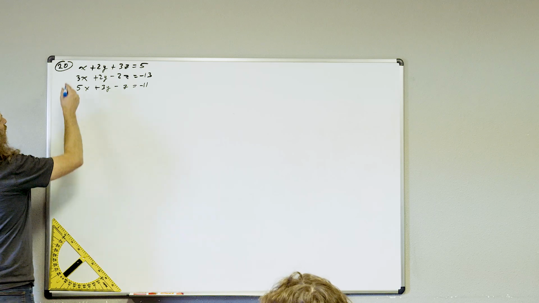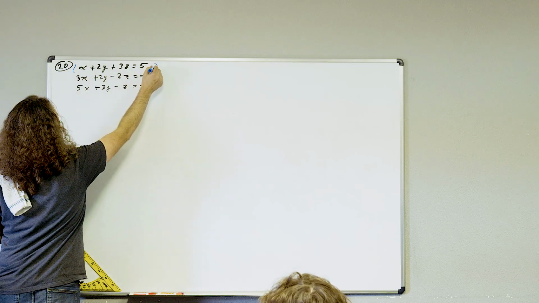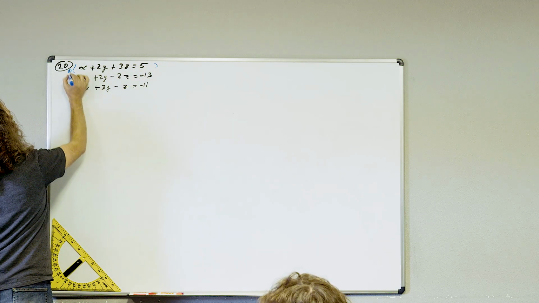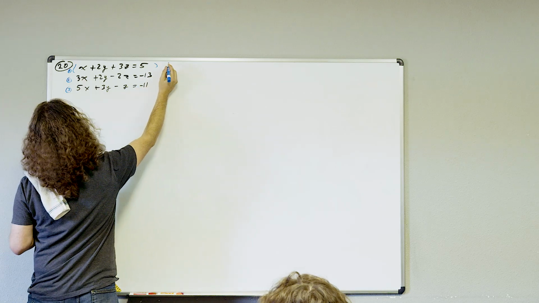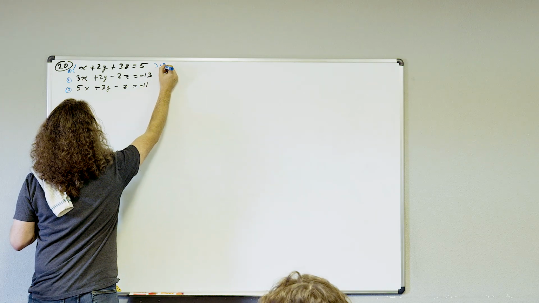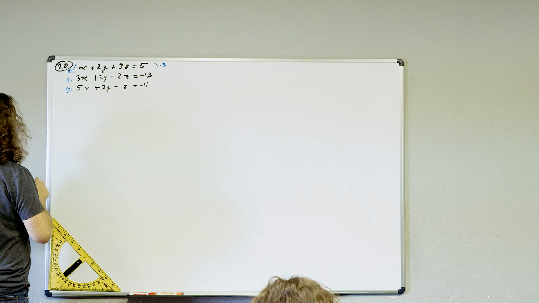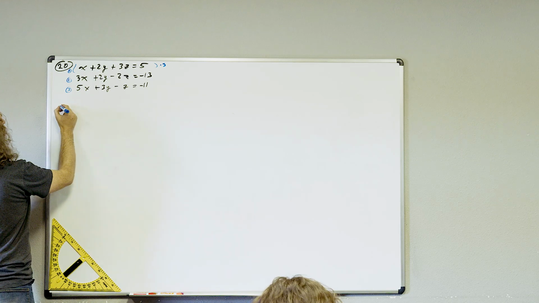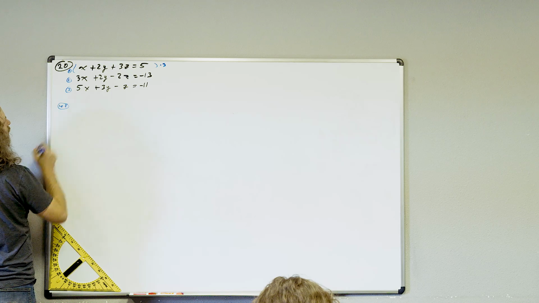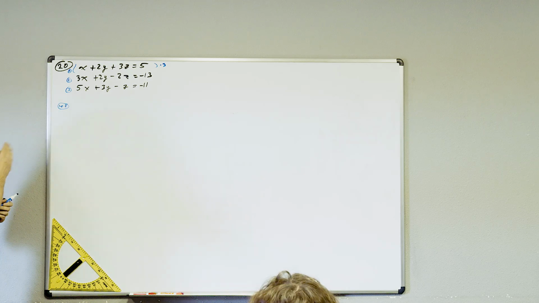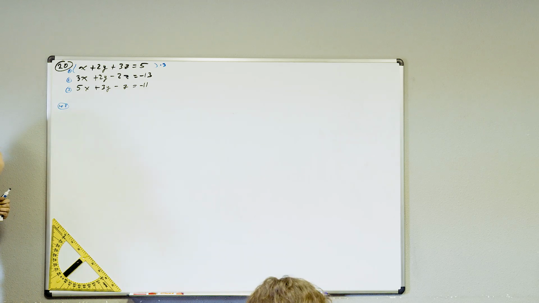Here we go. Let's number these equations because it's easier to look at later. We're going to eliminate with equations 1 and 2 to start. Which variable do you pick to eliminate? It doesn't matter, but it has to be the same one on both of the two things.